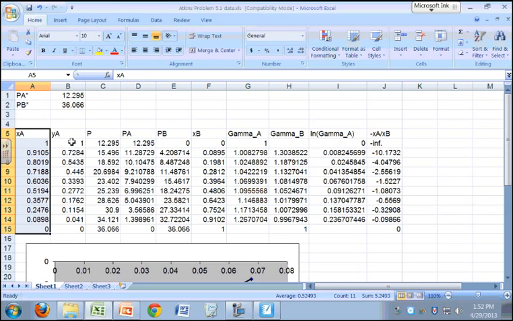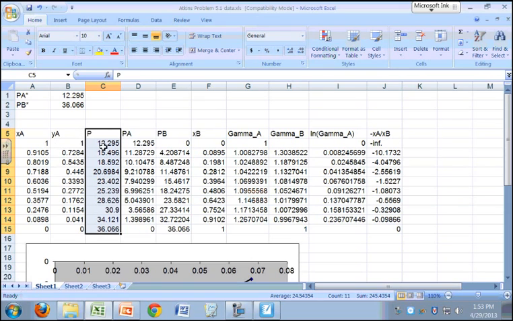In that problem you're given the mole fraction of A in the vapor, so x sub A is the mole fraction in the liquid, y sub A is the mole fraction in the vapor, and the total pressure of the vapor in equilibrium with the liquid is tabulated here for the P column. This is in torr.